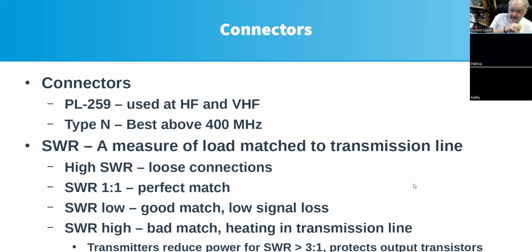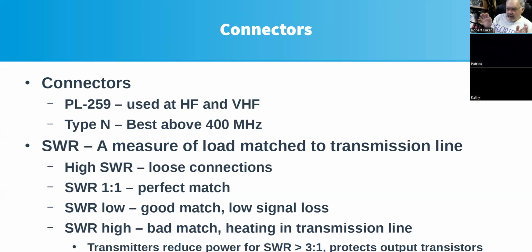So when you have a very high SWR, it's not only just a bad match, but because part of the signal is being reflected back, and then part of that may be reflected back again, every time that signal traverses the feed line, due to the loss in the feed line, you're going to have some loss of that signal, which creates some heating.